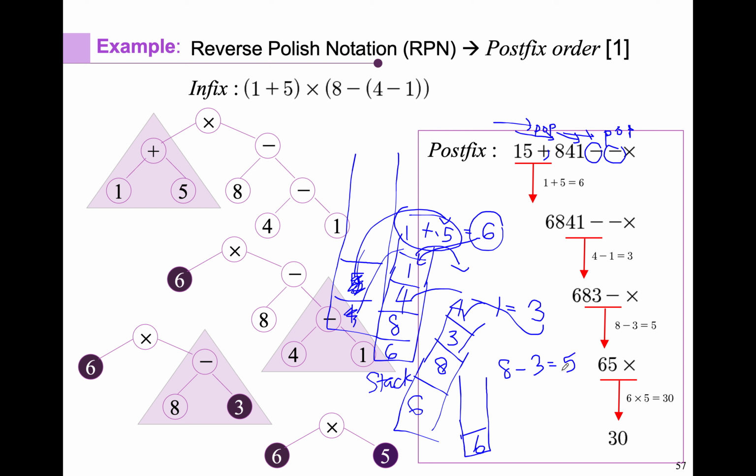What happens to the value? You're going to push before you continue. Then you're going to store this 5 over here. After you already push, you continue, you're going to find multiplication. This is an operation.